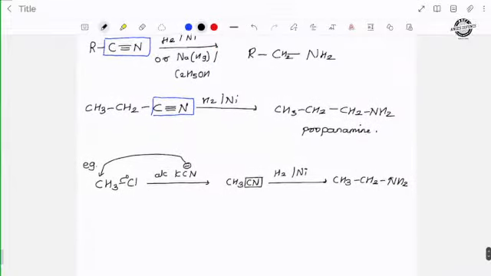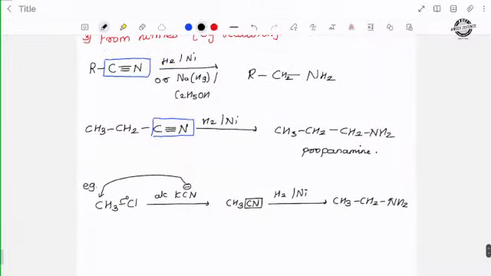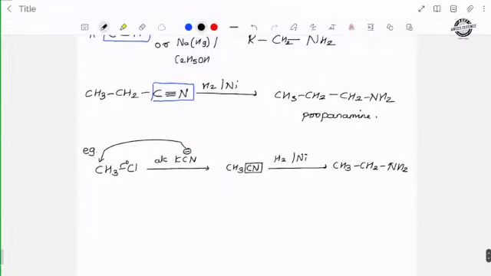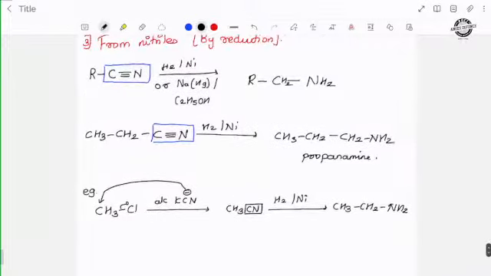Now there is one name reaction I forgot. You have to keep one thing in mind. If you're using H2 and Ni, it is just a reduction. But if you're using sodium amalgam with C2H5OH, then that reaction is known as Mendius reduction.